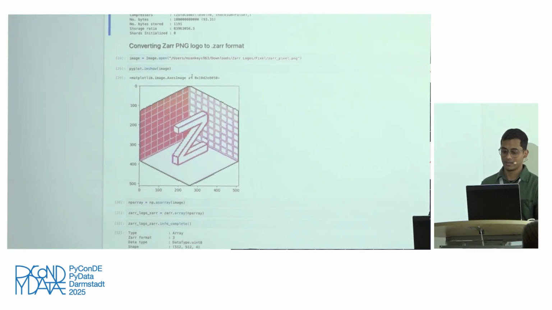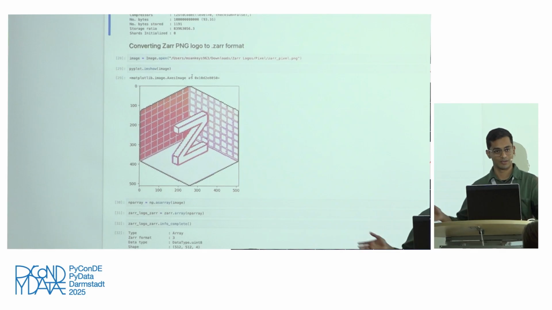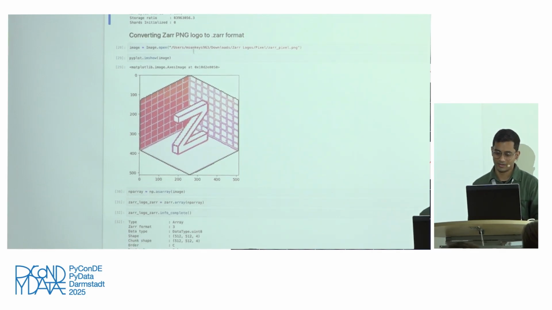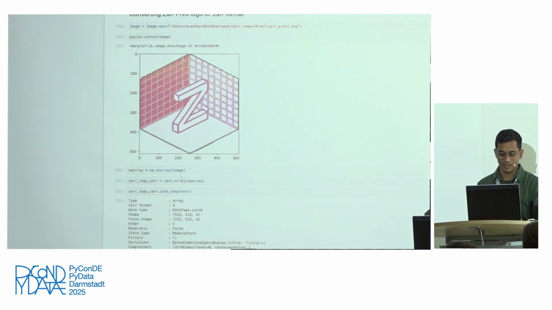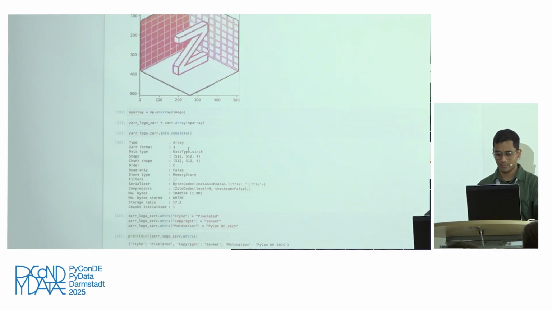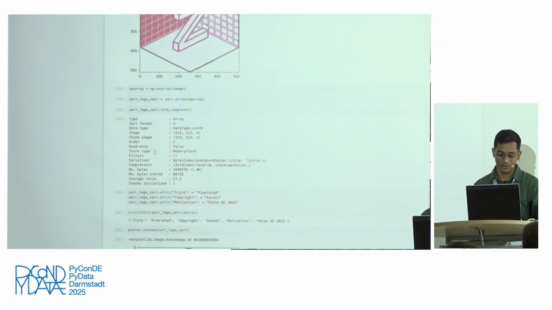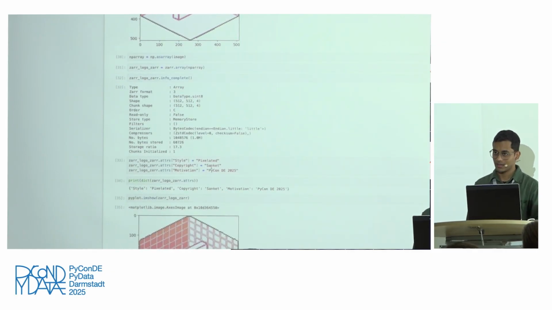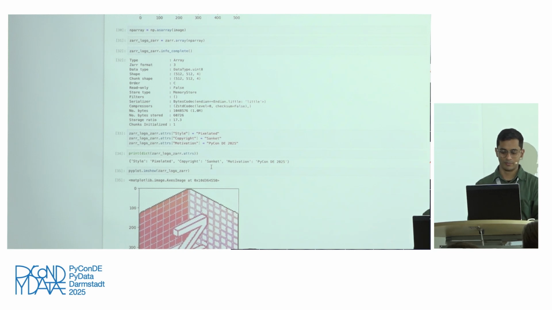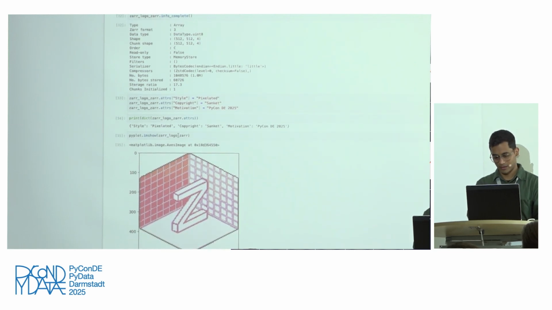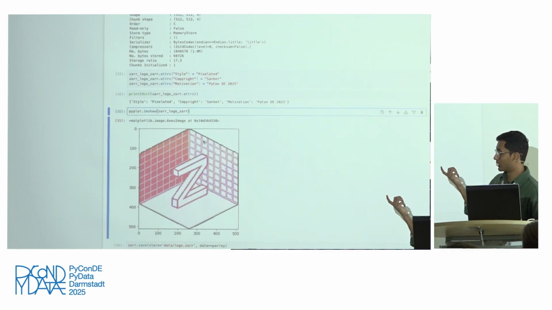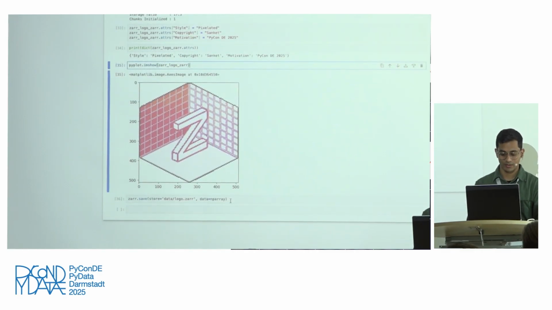Here I have a small demo which converts the pixelated logo of Zarr from PNG format to Zarr format. This was just my experimenting to see if everything is working fine in Zarr-Python. I imported this logo, converted it into a NumPy array, and then to a Zarr array, and added some attributes over here. You can see the logo shows back, and we get the original picture back, and I've saved it.